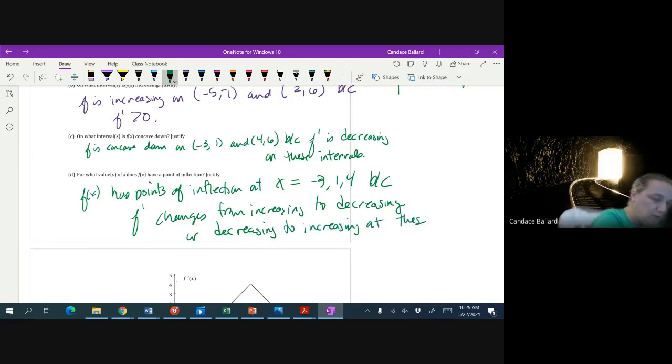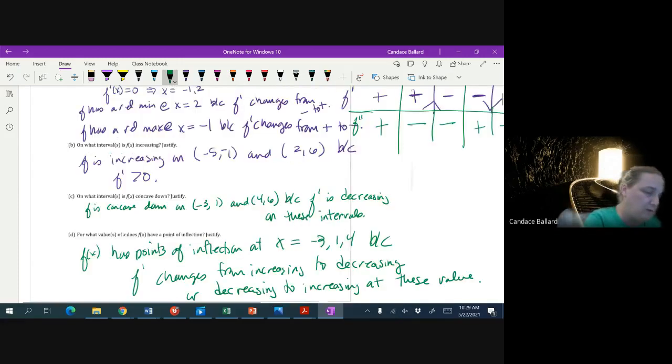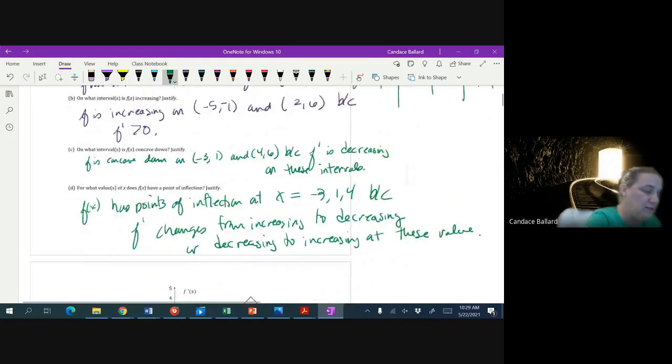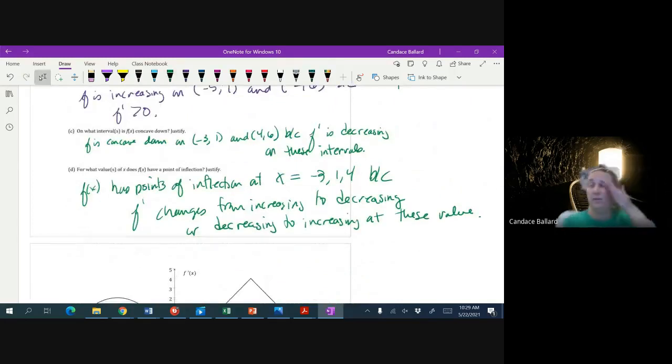You can also be specific: -3 changes from increasing to decreasing, and be specific about it, or you can put the "or" in there.